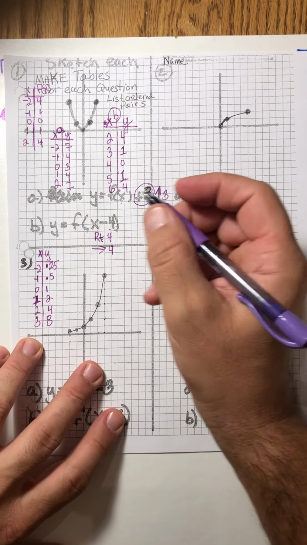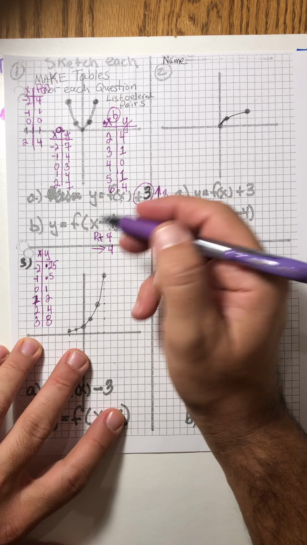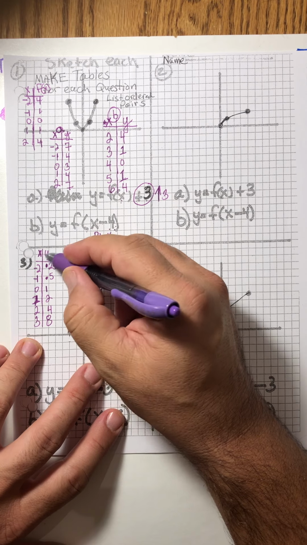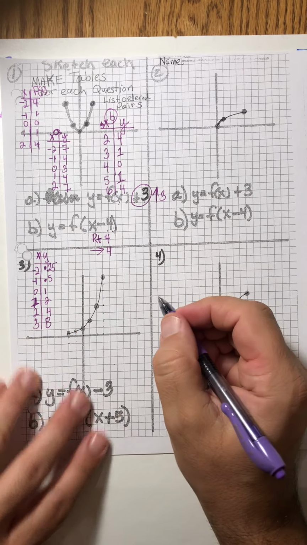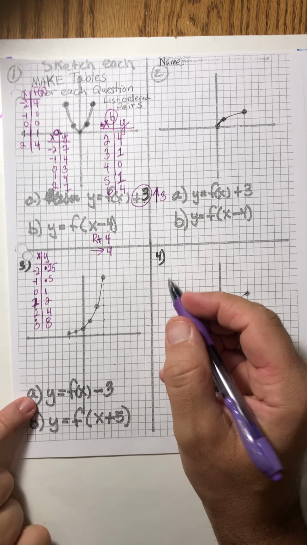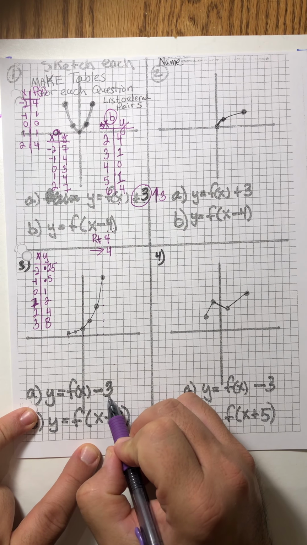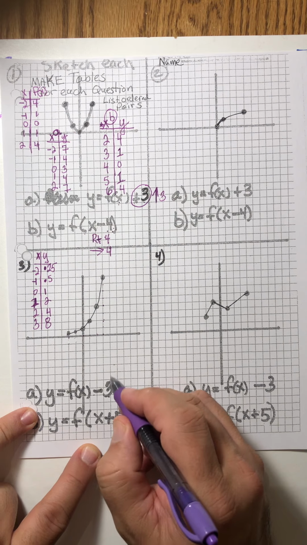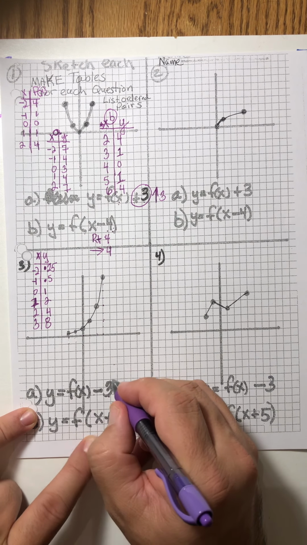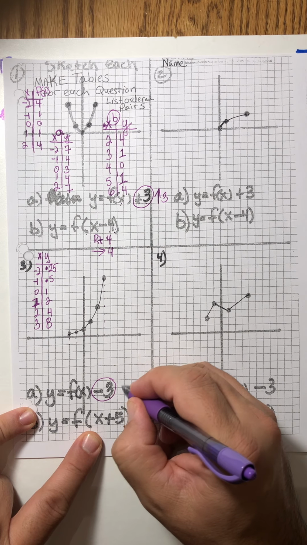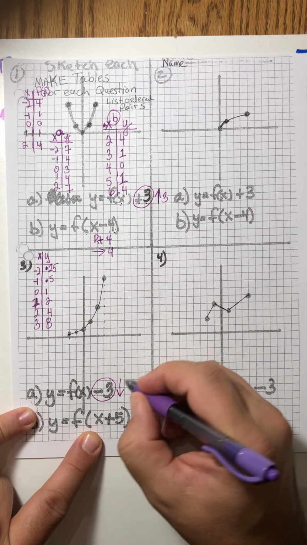All right, now, so here's our ordered pairs. I did this one because you guys wouldn't have known the decimal points, so I just did it. All right, so A says f of x minus 3. Again, this is outside the parentheses. What do we do? That's right, minus 3 literally means we're going to take all of the y values and go down 3.